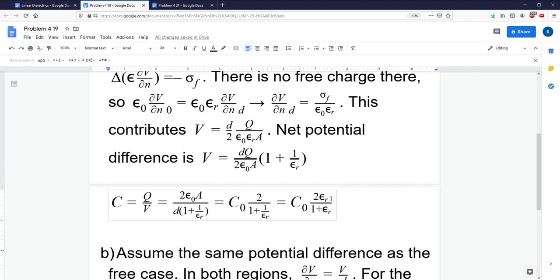So it changes by a factor of 2 epsilon R over 1 plus epsilon R. As a side note, since epsilon R is always going to be greater than 1, this capacitance is always going to be greater than C naught, the capacitance without any dielectric material.